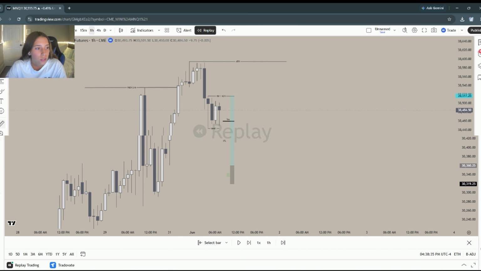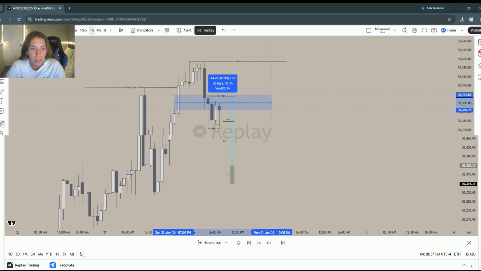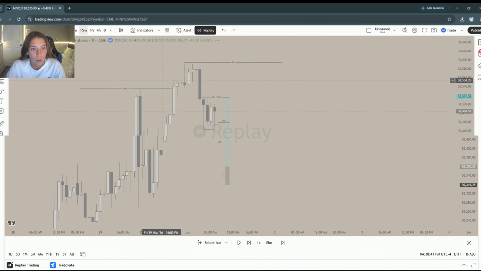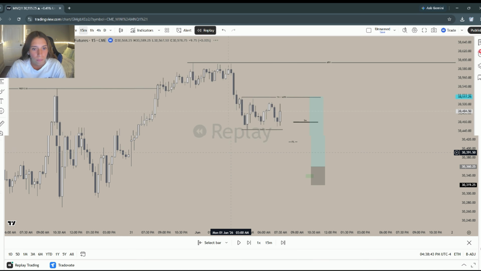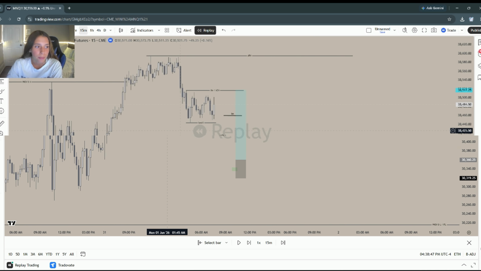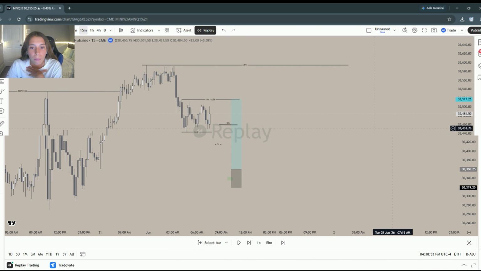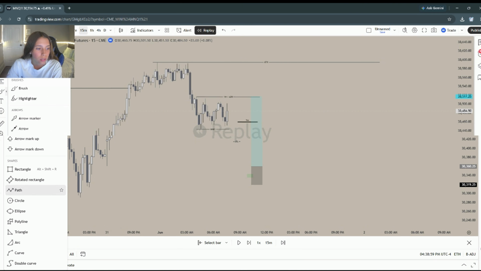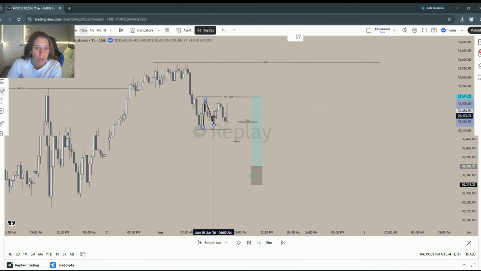We were in this 1 hour fair value gap and we had disrespected it, but we were also in this accumulation. So my idea for the trade I took today was an AMD model, which would be the PDI model I teach in my Discord. Basically, you mark out the accumulation zone high. How do we know this is accumulation? Because we're not really moving anywhere, we're just in this sort of range.